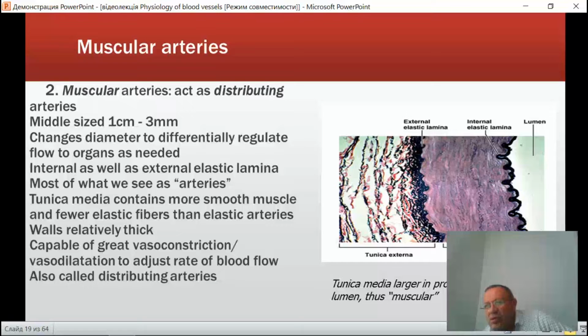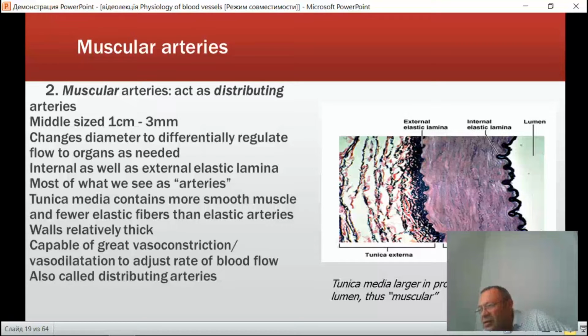Most of what we see as arteries. The tunica media contains more smooth muscle and fewer elastic fibers than elastic arteries. The wall is relatively thick, capable of great vasoconstriction and vasodilation to adjust rate of blood flow, also called distributing arteries.